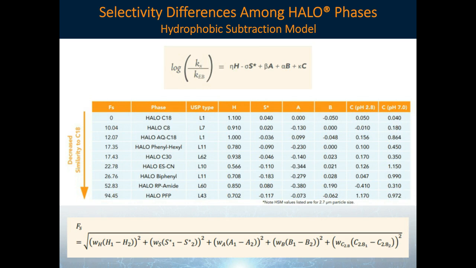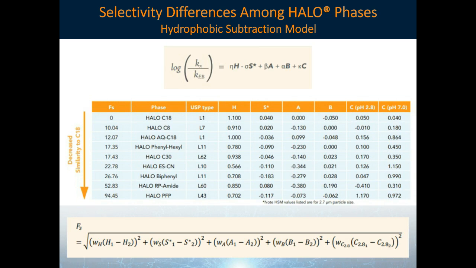We have 5 different parameters here: H, S star, A, B, and C, and these are all used to measure the physicochemical properties of a chromatographic bonded phase, where H is the hydrophobicity of the phase, S star is the resistance of the stationary phase to penetration by a solute molecule, A is the hydrogen bond acidity of the phase, B is the hydrogen bond basicity of the phase, and C is the interaction of the phase with ionized solute molecules, and that's measured at both pH 2.8 and 7.